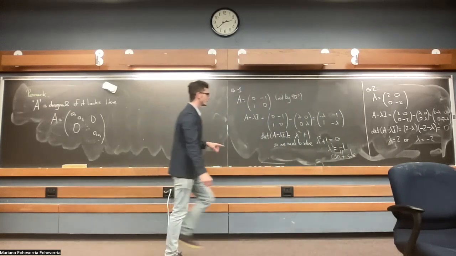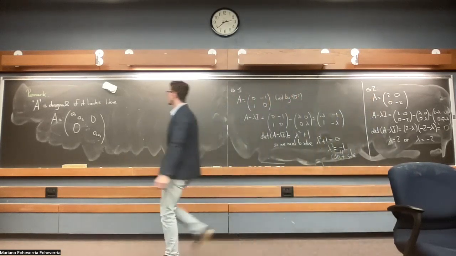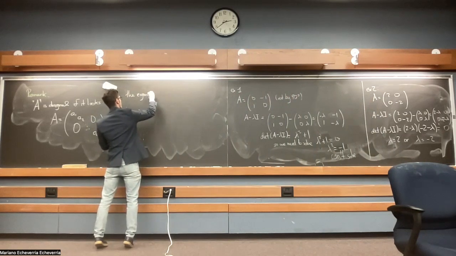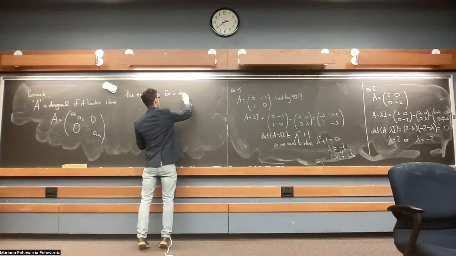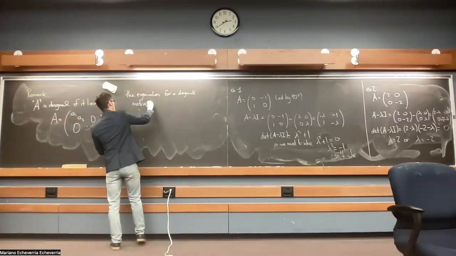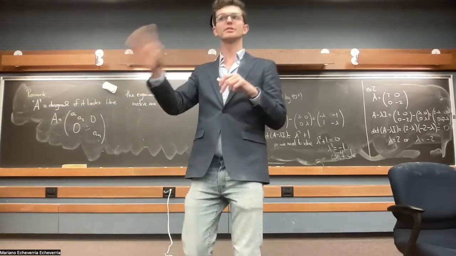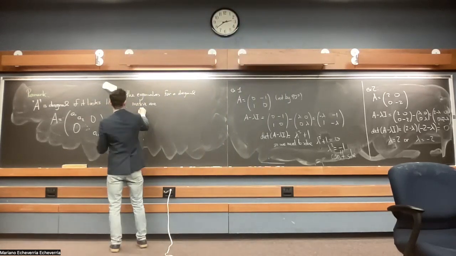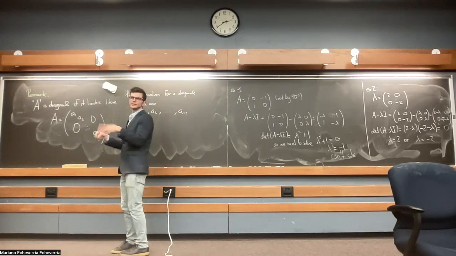So it's a generalization of this case. What should the eigenvalues for this matrix be, what do you think? The eigenvalues for the diagonal matrix are just the entries along the diagonal: A1, A2, up to AN.